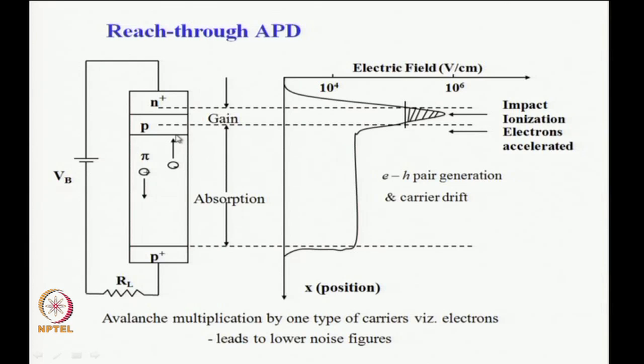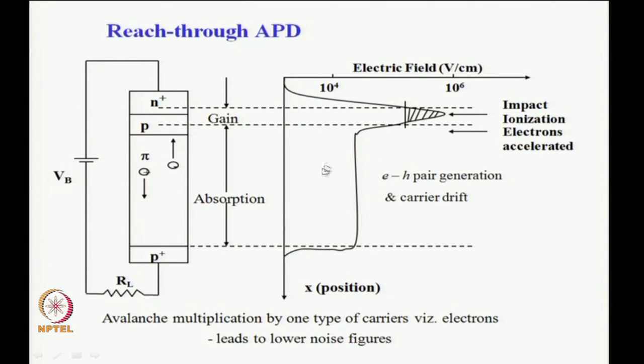The light incident on the photodetector is primarily absorbed in this region, creating electrons and holes. This is why I call it the catchment area, and the electrons get accelerated in this direction, holes in the other direction, because of the electric field.